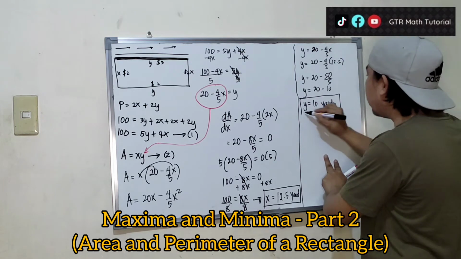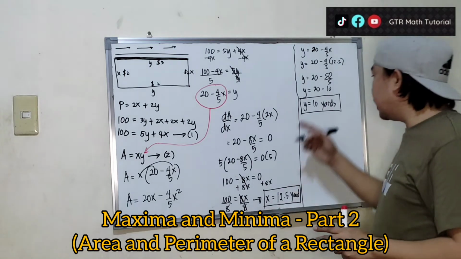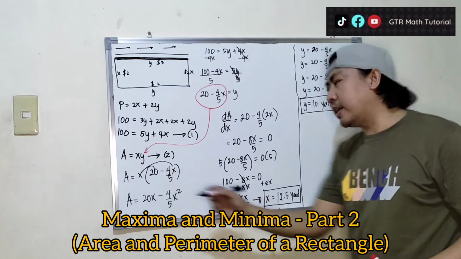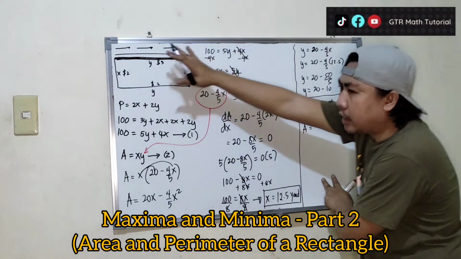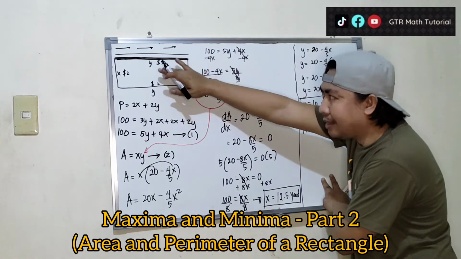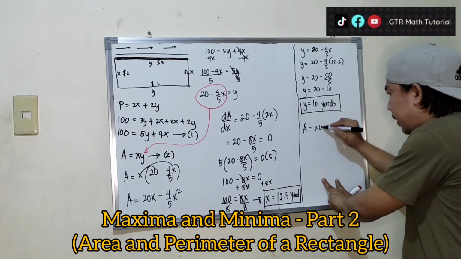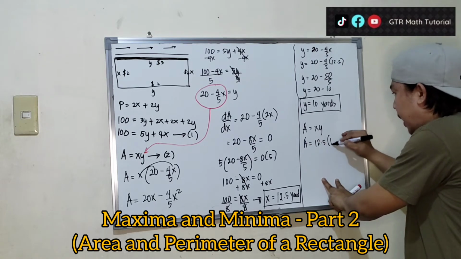Okay? So we want to maximize the area. So this is the value of x and the value of y. So substitute in this equation, area equals xy. So therefore, the maximum area given the cost of $100: area is equal to xy, so we have 12.5 times 10 yards.